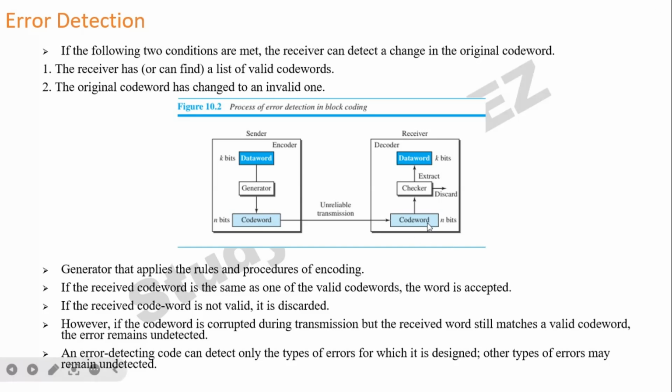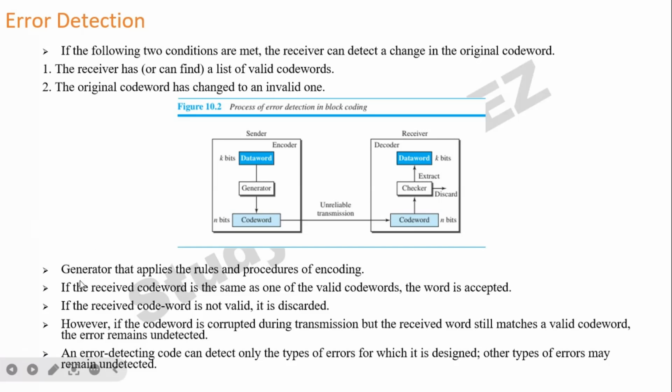Once the code word is received, that relationship is checked again in the checker. If it matches and there is no syndrome, then only the k bits are extracted, that is, the data word is extracted and passed. Otherwise, if there was a syndrome, the whole thing is discarded, thinking that the data is corrupted.